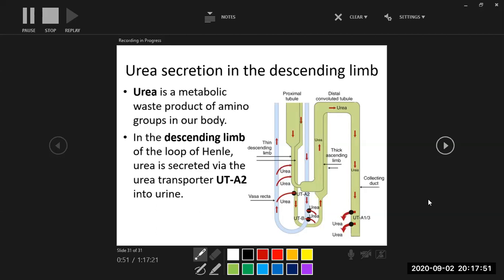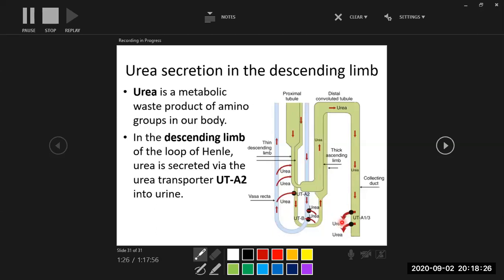And why do we need that? It's because, in the loop of Henle, we secrete urea back to the tubule. Later, we will see that this urea will then be reabsorbed back to our body. You can see that we secrete urea into the tubule, and then we reabsorb it.